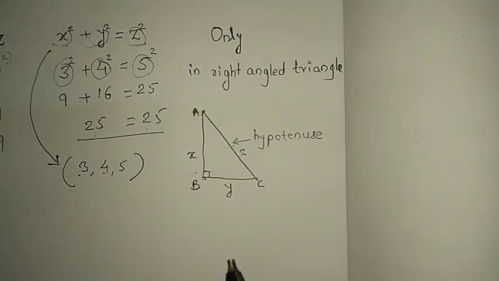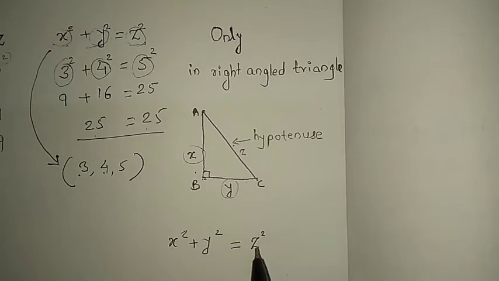Then the square of the greatest side, z square, equals the square of the first smaller side, that is x square, plus the square of the second smaller side, that is y square. So x square plus y square equals z square.